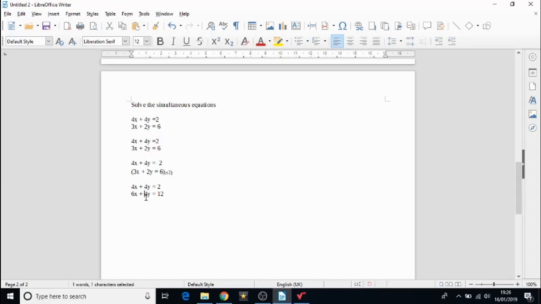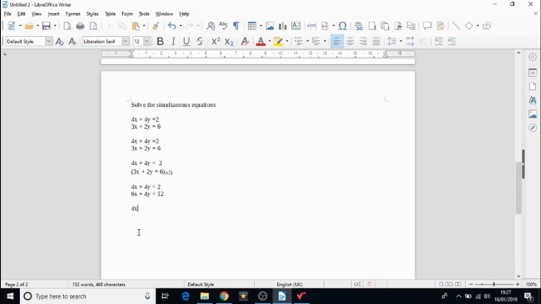But again, as I mentioned with the previous question, whatever you do to one term, you must do to all the terms. The same way you subtract the 4y, positive 4y, minus the other positive 4y in the second equation, the same way you subtract the 4x minus the 6x, and the 2 minus 12.